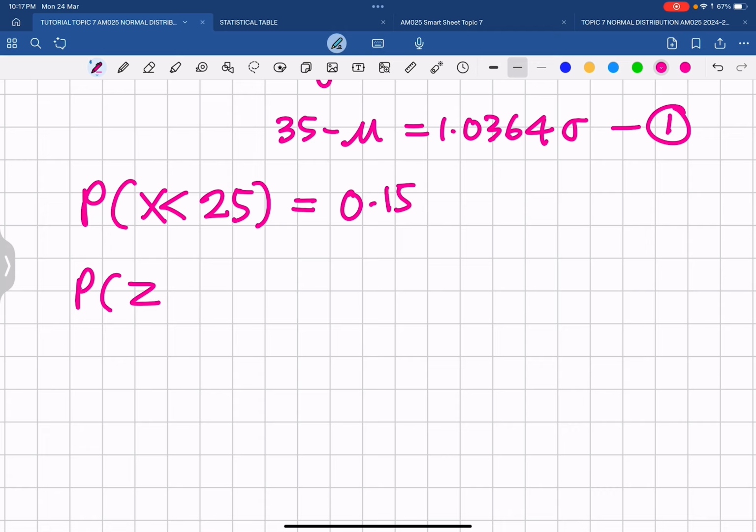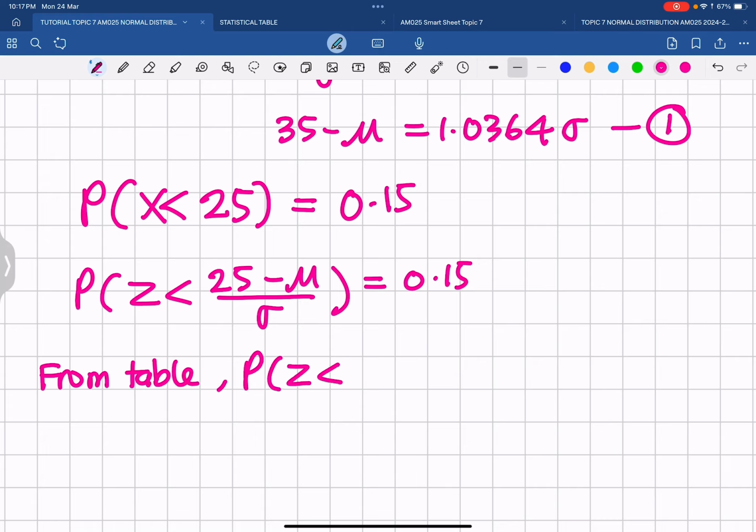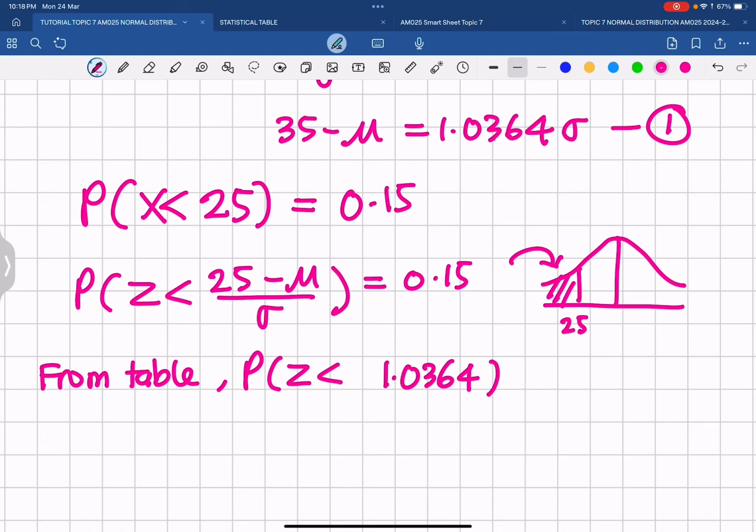Let us standardize: (25 minus the mean) divided by the standard deviation equals 0.15. From the same table, the probability of 0.15 is also probability Z less than 1.0364, but since this 0.15 is on the left hand side of our bell shape, the Z score is supposed to be on the left hand side, so we put a negative.